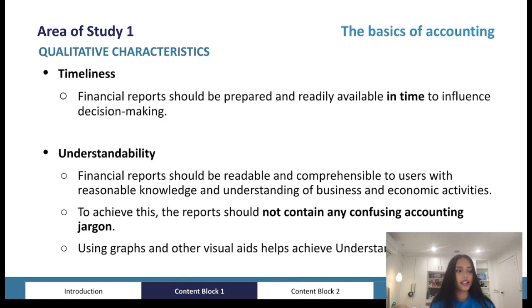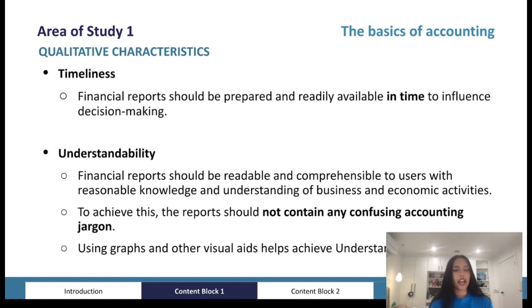And then lastly, understandability states that our report should be easily comprehensible to the people that are using them. So we shouldn't include any complicated language, and we should try to use visual aids such as graphs or tables that can help to summarize information. And that's because you have to remember, even though the business owner will have some financial knowledge or a reasonable knowledge and understanding of how business works, they're still not an expert in accounting.